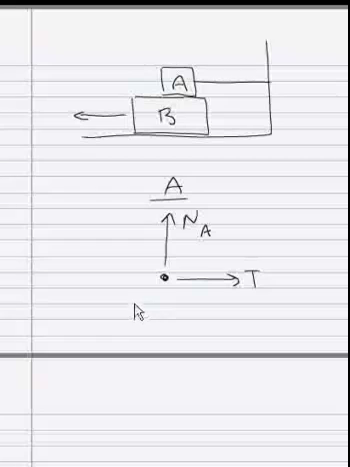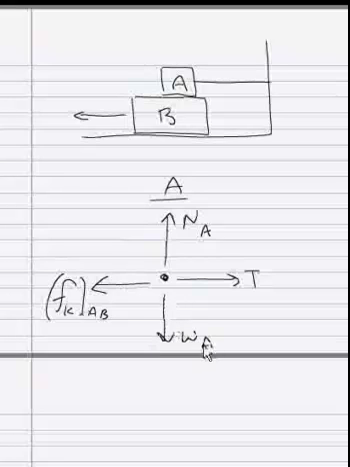It's touching the lower block, so that surface can interact with it in two ways: through a normal force and through friction. What direction would friction be in this case? As we move block B to the left, the friction force is actually going to try to pull block A to the left. So we have a kinetic friction force on A from B. And thus everything that touches block A, and then we have gravity reaching in, the weight of block A.